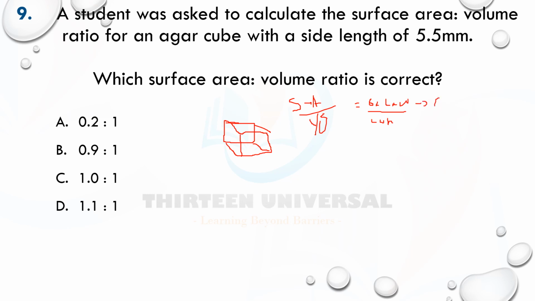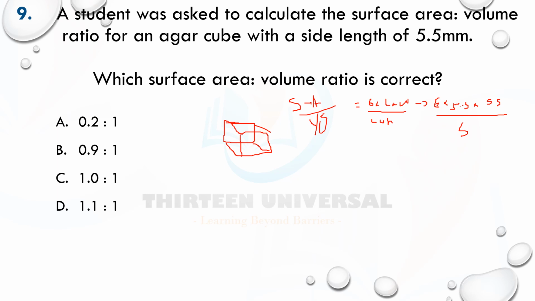So this will be 6 times 5.5. I want you to bring your calculator. 5.5 times 5.5 times 5.5, all right, all over 5.5 cubed, because it's the same thing.